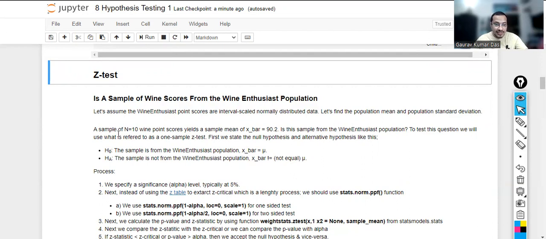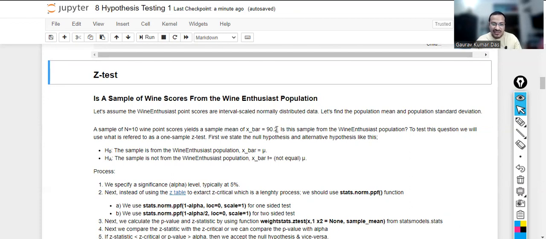So here, a sample of n equal to 10 point scores yields a sample mean of x bar equal to 90.2. So this is given to you. Let's say we have extracted a particular sample from this entire column, and its sample mean was found to be 90.2. We'll also do all these hypothesis tests as case studies in the upcoming videos, guys.